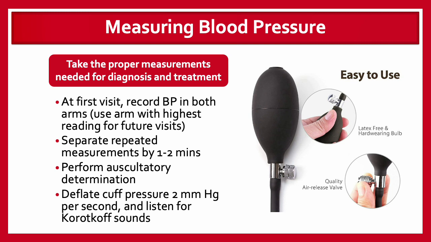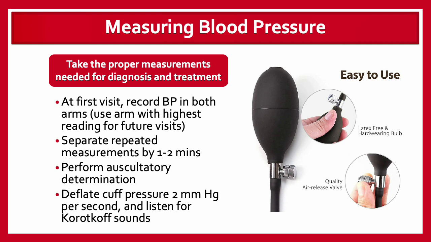Alright, so that was all on technique. Now we're going to talk about what are the proper measurements that we need for diagnosis and treatment. So we know that we need at least two blood pressure readings at two separate appointments. At the first visit, if we're assessing someone for the first time ever, a brand new patient, we want to take their blood pressure in both arms, and then we're going to use the arm with the highest reading going forward.